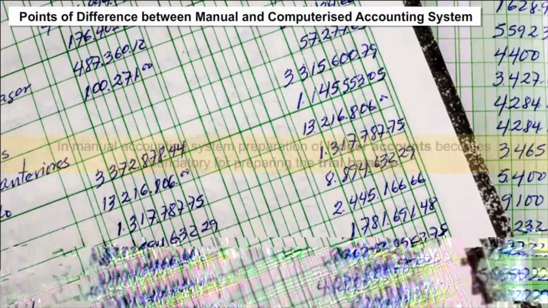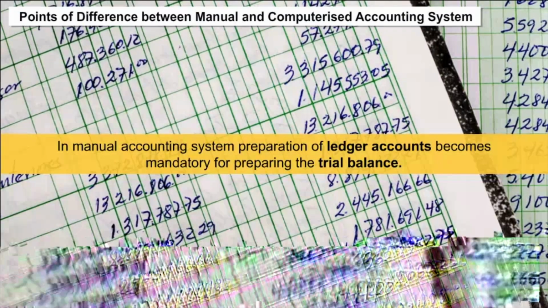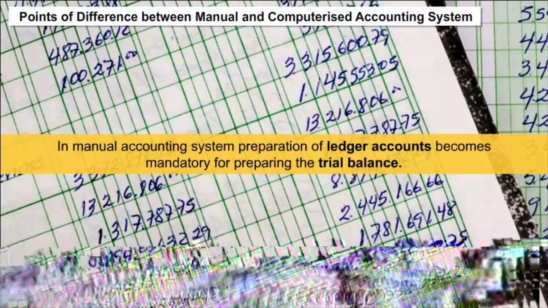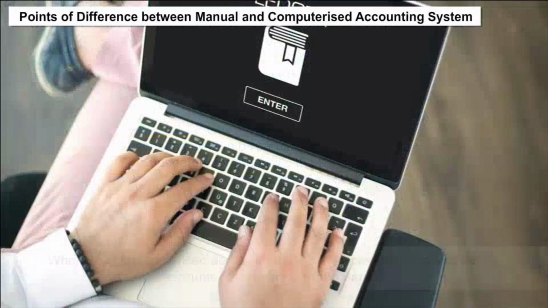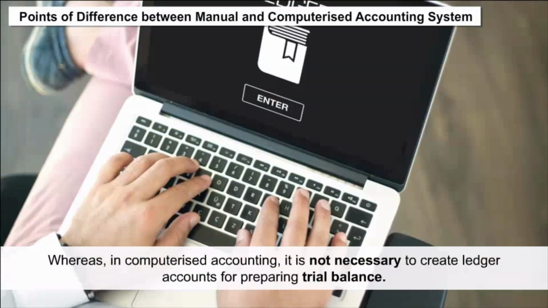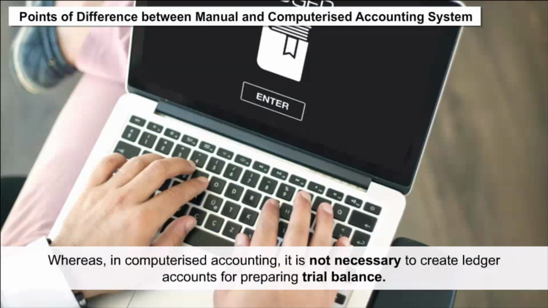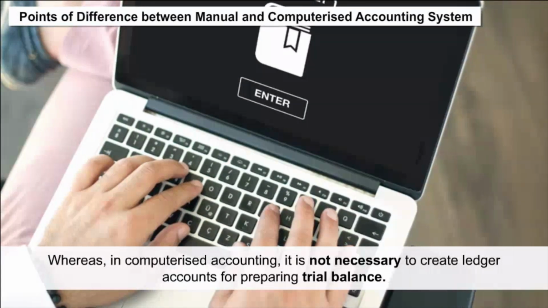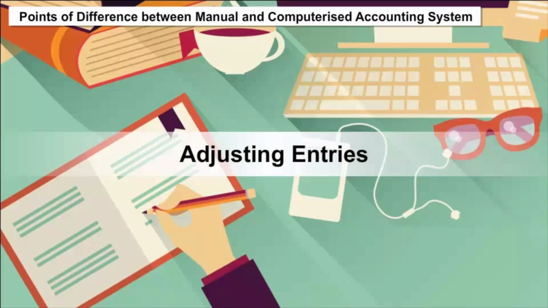Summarizing. In manual accounting system, preparation of ledger accounts becomes mandatory for preparing the trial balance, whereas in computerized accounting, it is not necessary to create ledger accounts for preparing trial balance. Adjusting entries.